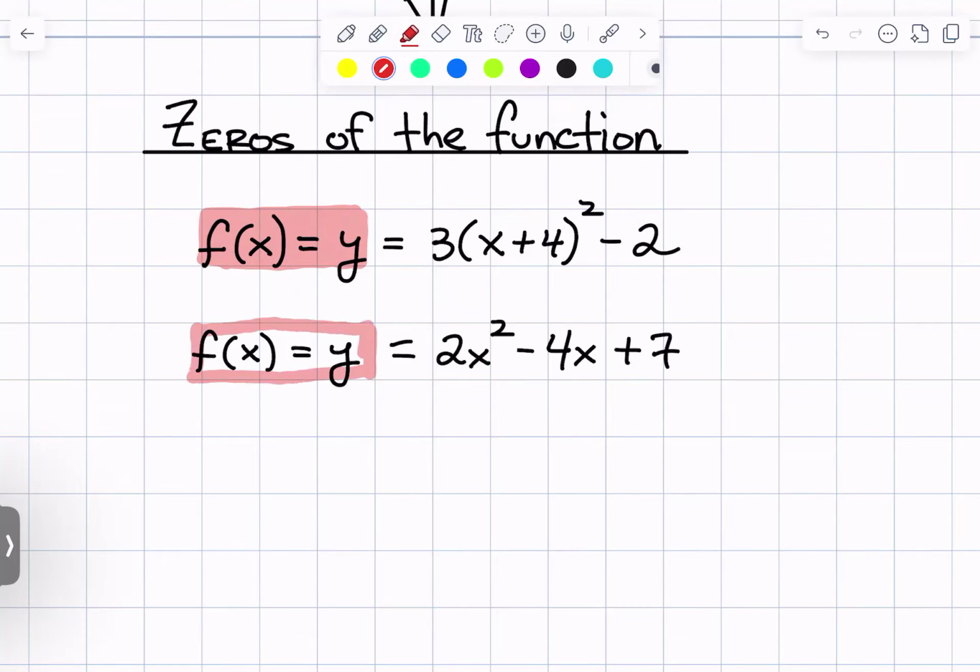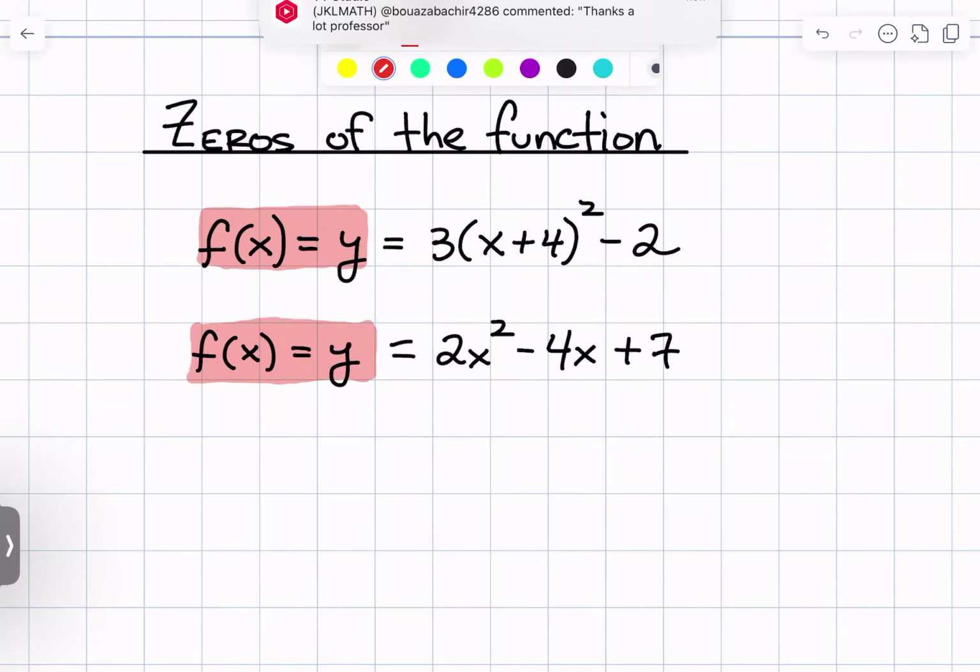If f of x equals y is on one side of the equation and on the other side is my function, then y is my whole function, right? Whatever y is, that's my whole function.